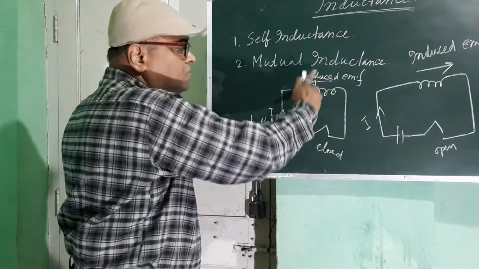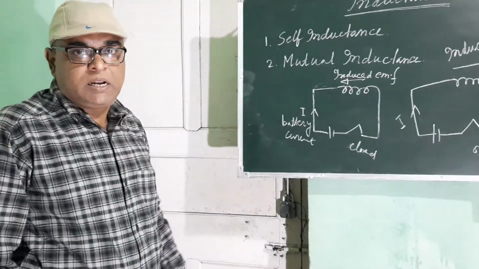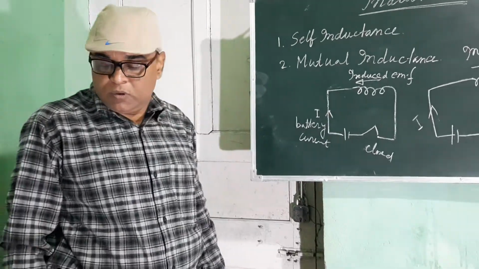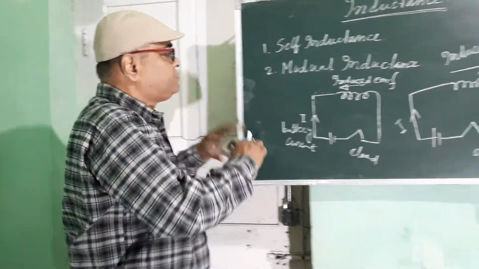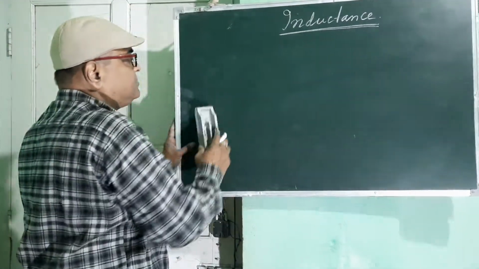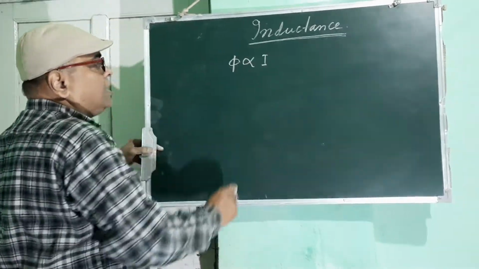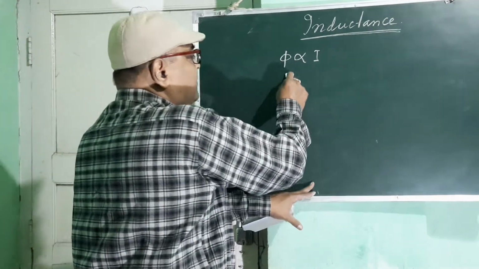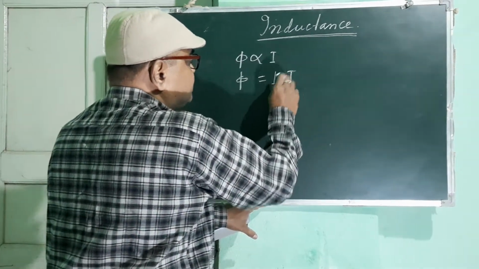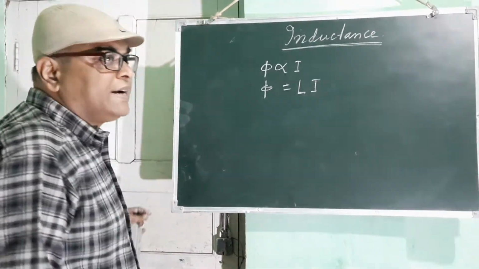Now what is the cause of the production of induced EMF? The change of flux. The amount of flux produced is directly proportional to I. Therefore phi is directly proportional to I, so phi is equal to L I. Now L is self-inductance.